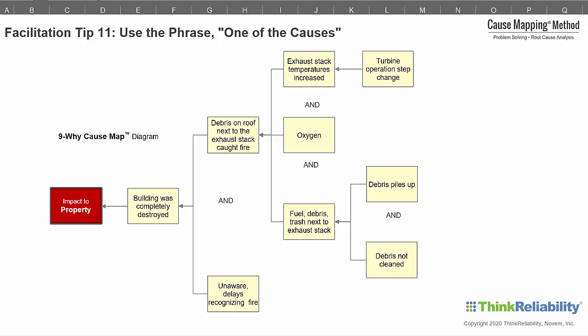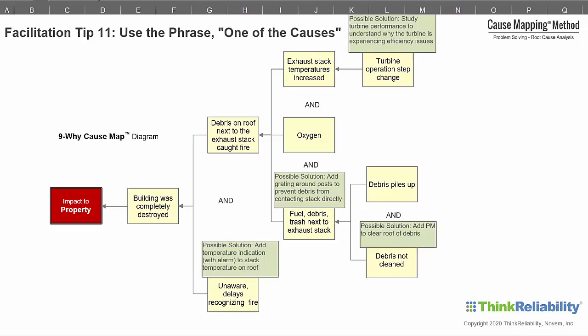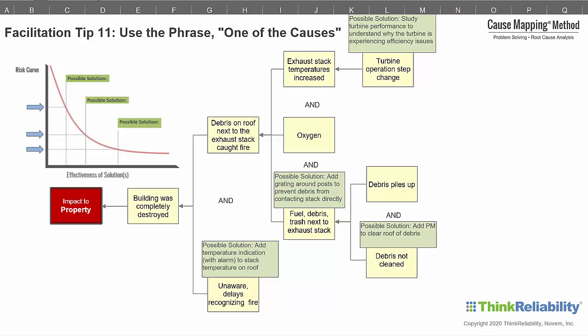By revealing additional causes and recognizing that it's not a root cause, but multiple causes, we now have the opportunity to identify additional solutions. Now, this doesn't mean that all causes require solutions. It simply means that you can be more selective, knowing that all of the causes are required.